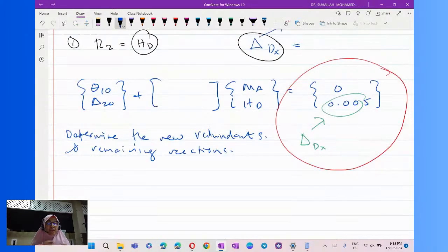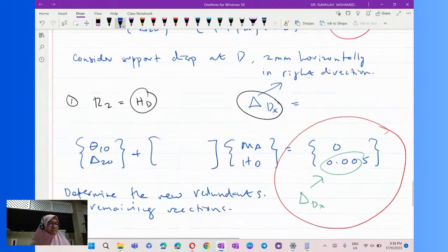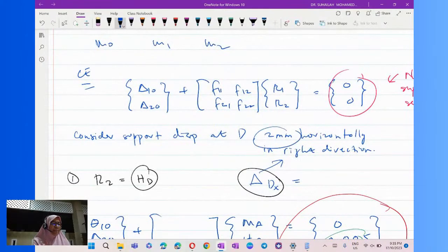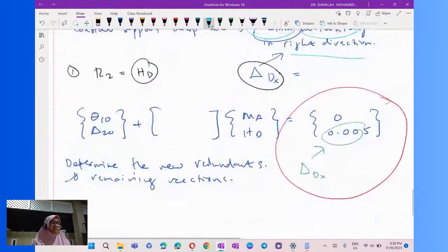Okay, whenever we have support settlement, we have to consider that and put it into the compatibility equation. It is not equal to zero anymore, but it is equal to the redundant value. Remember the settlement is 2 mm horizontally, right direction.